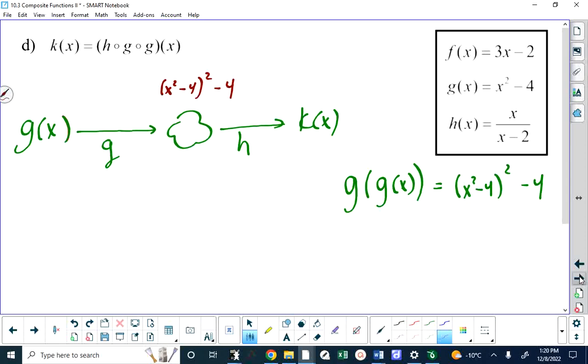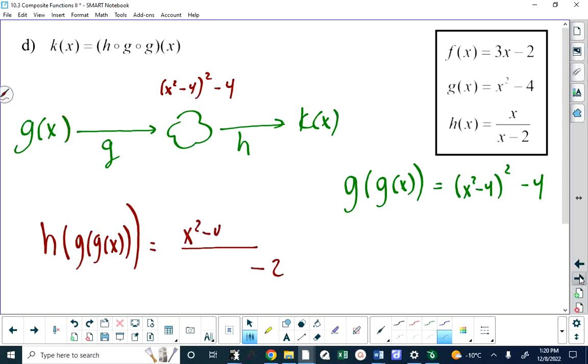So h of g of x will be equal to, well, h of x is the input over the input minus 2. So it will be x squared minus 4 quantity squared minus 4 over x squared minus 4 quantity squared minus 4 minus 2.